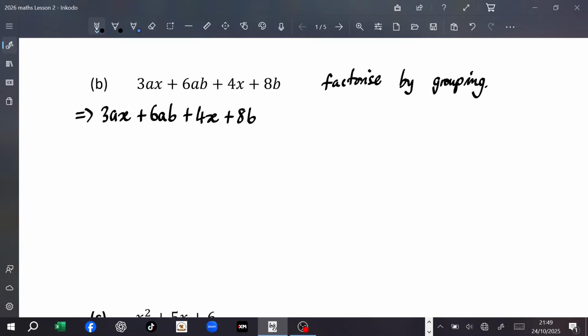What we are going to do is ensure that we look at what is common between 2 terms at least. We have a here and we have a there.